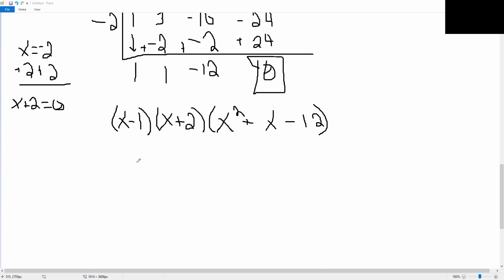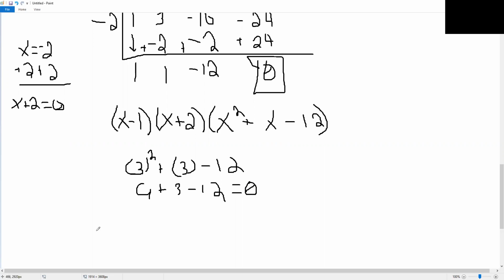And so we have 3 squared plus just 3 minus 12. 3 squared, 3 times 3, that's just 9, plus 3 minus 12. If we get our calculators out, 9 plus 3 is 12, minus 12 is 0. 3 does work. Let's do our synthetic division.